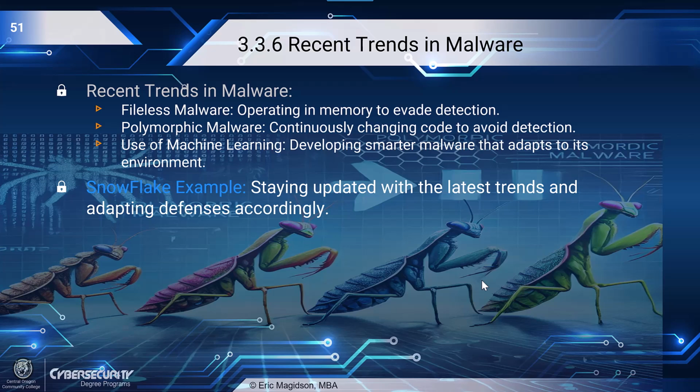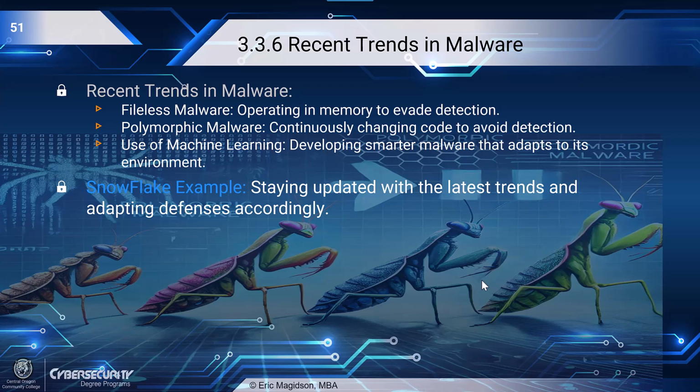It operates in primary memory, in RAM, to evade detection, because a lot of times our spyware detection software is looking at files. It's looking at systems. It's looking for signatures, which are essentially identifiable code that identifies with a piece of malicious software. Take that out, stick it in memory. Now suddenly we have a whole new challenge in that the malicious software is in memory and thus does not reside in secondary storage that is traditionally scanned.